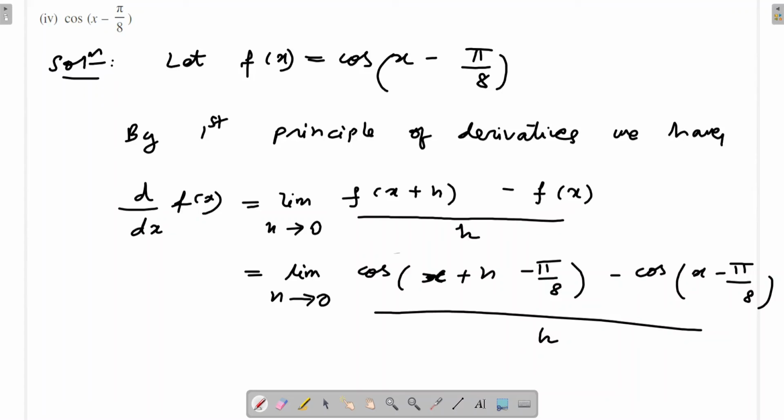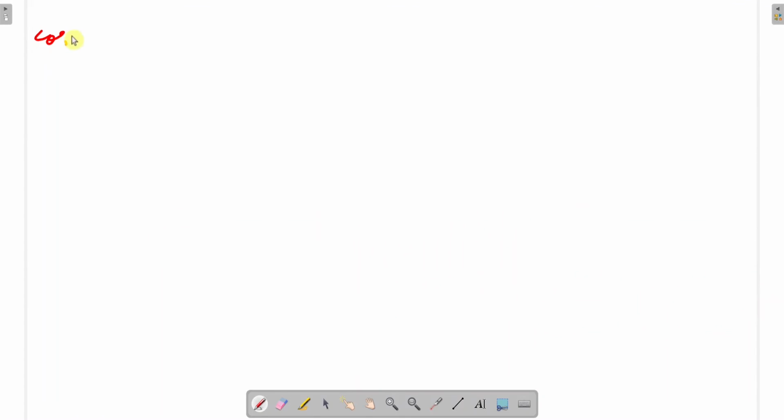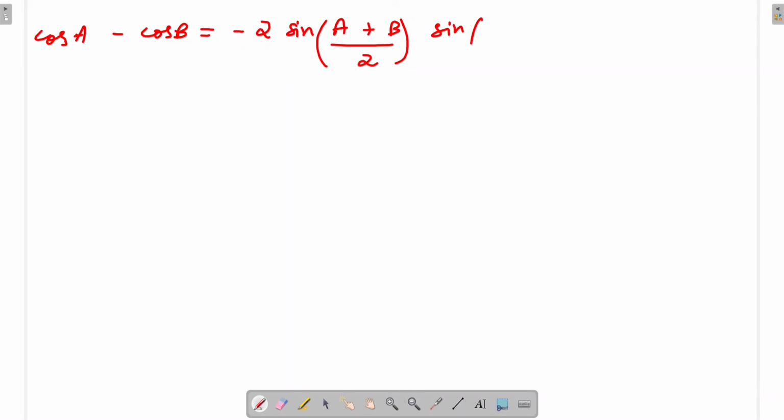So again here you have to use the formula cos a minus cos b, and that is nothing but minus 2 sine of (a plus b) divided by 2 multiplied by sine of (a minus b) divided by 2. So d by dx of f(x) that we are finding will be equal to limit h tends to 0.